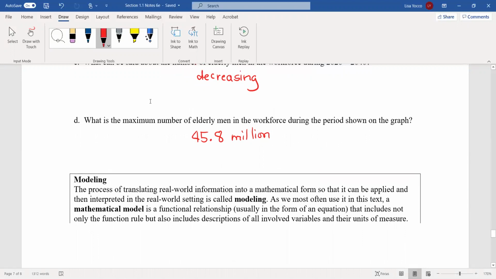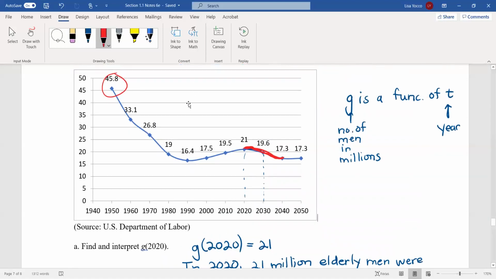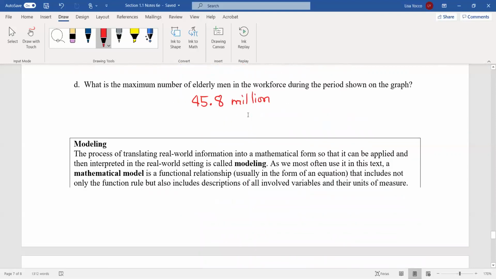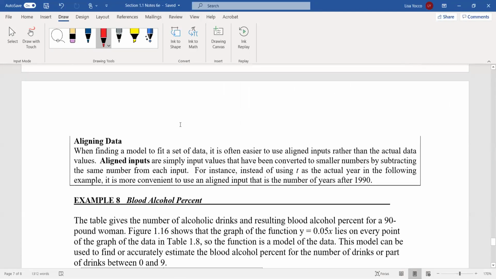In all of these examples, like this graph that we just looked at, there is a type of function that would model that data pretty well. As we move through the course, that's what we'll be talking about: what kind of function would best model that set of data? So when we take a set of data and find a function that fits it well, that's called modeling.